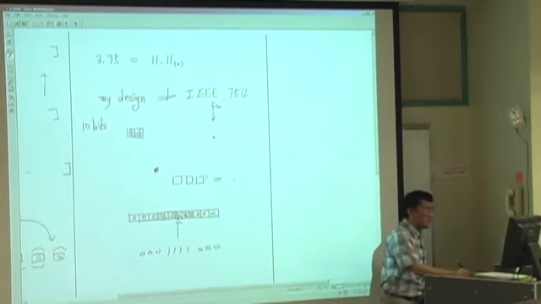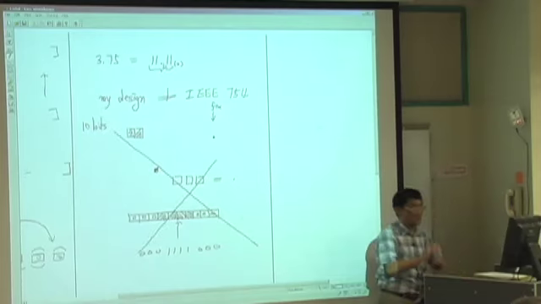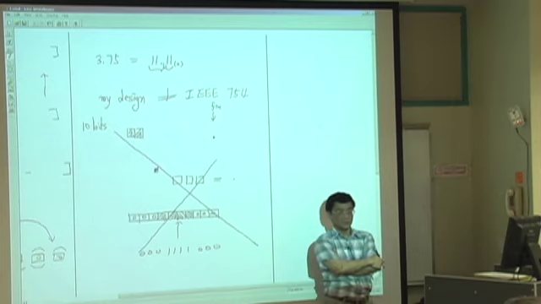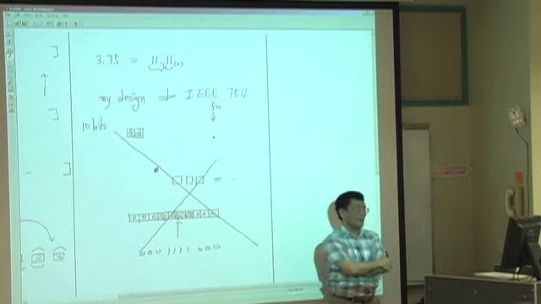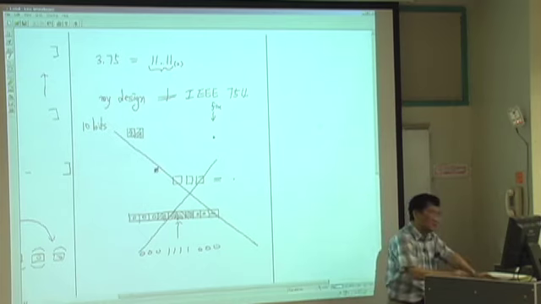Because of this reason, IEEE does not follow this design. Straightforward conversion is not followed. No matter where you fix this floating point, it cannot cure the matter, right?